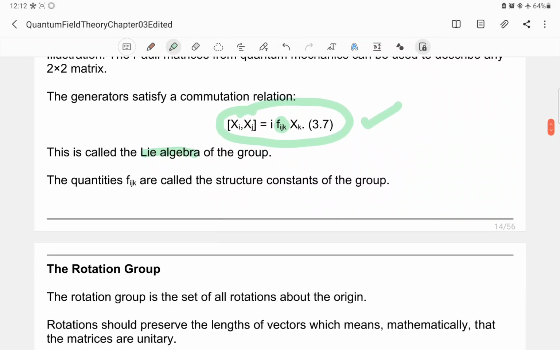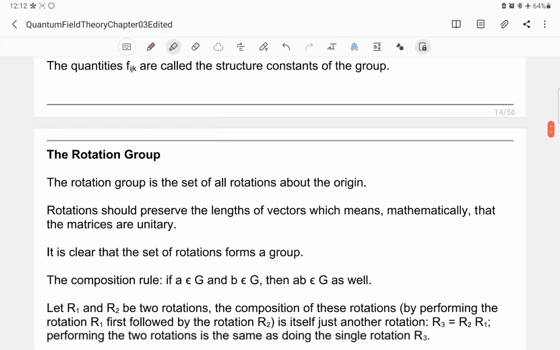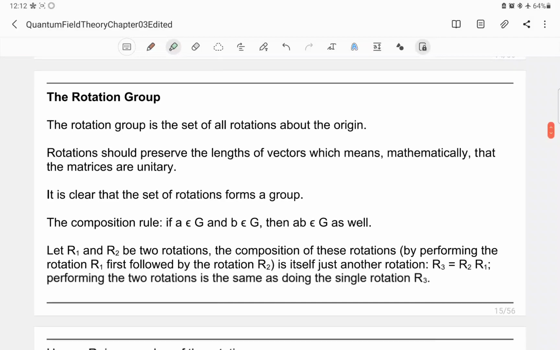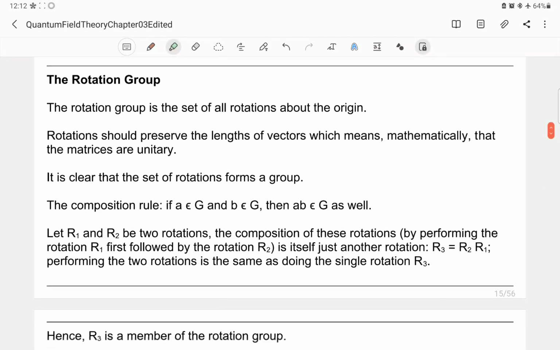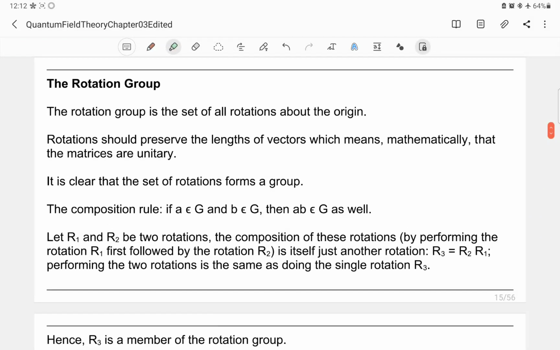And now let's go to an important group in particle physics, which is the rotation group. The rotation group is the set of all rotations about the origin. Rotations should preserve the lengths of the vector, which means that the matrices are, in this case, unitary. It is clear that the set of rotations forms a group, because, say for example, you have rotations R1 and R2.